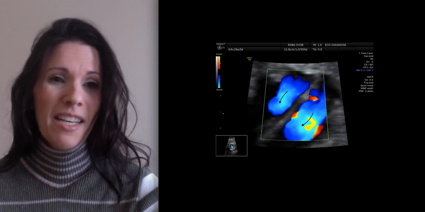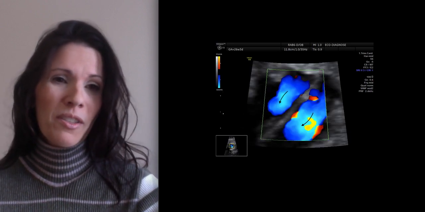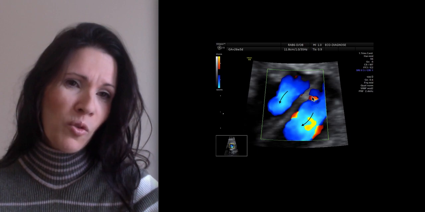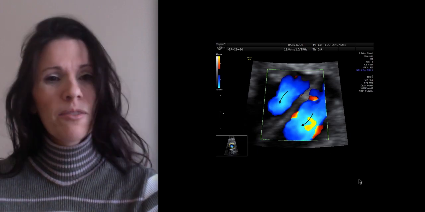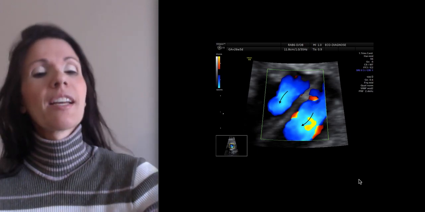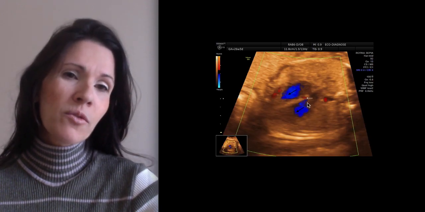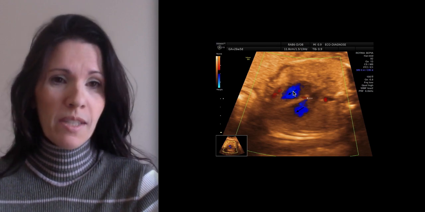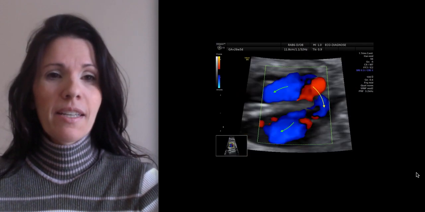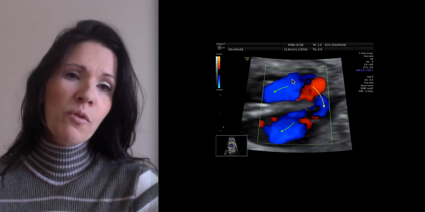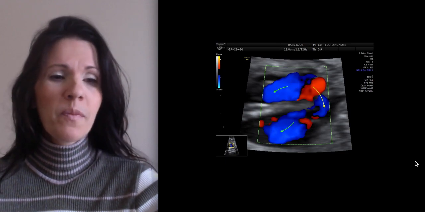Okay, this is normal. Oh, look, even here you can see the flow through the coronary sinus, but this is normal. And again, the flow here through the coronary sinus, normal coronary sinus. And here again, this is the flow through the foramen ovale.